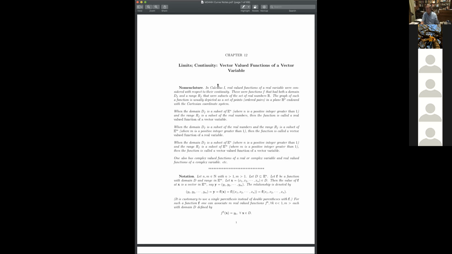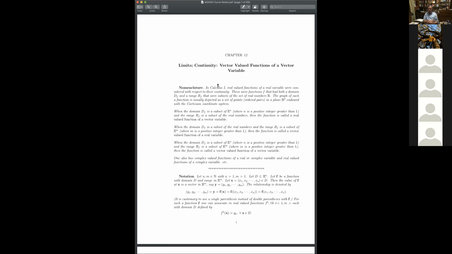So let's look at my nomenclature, so-called. I say in calculus 1, just sort of reading it. I don't like to read to you, but you need to be able to read. In calculus 1, real valued functions of a real variable were considered with respect to continuity. These were functions f that had both a domain Df and a range Rf that were subsets of the real numbers.